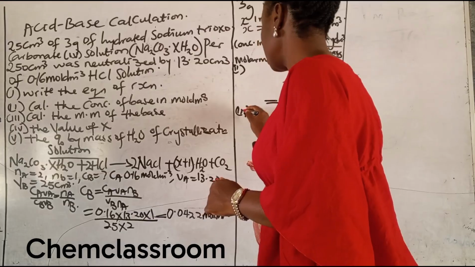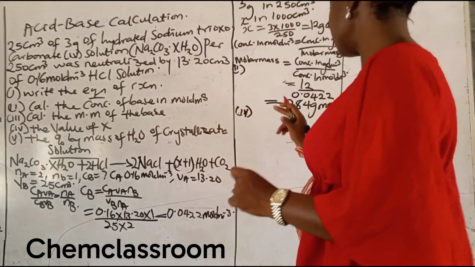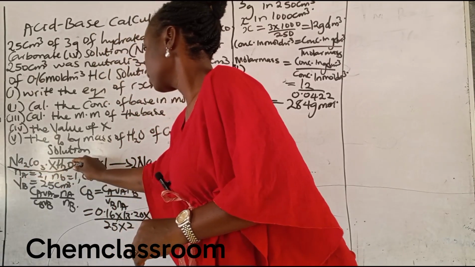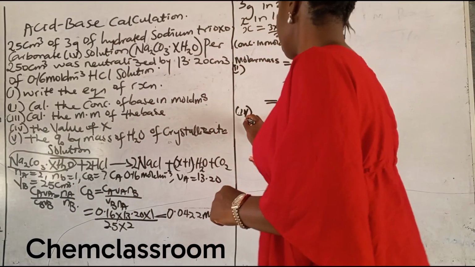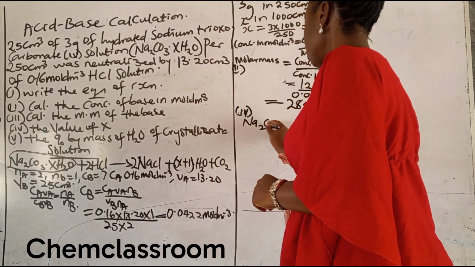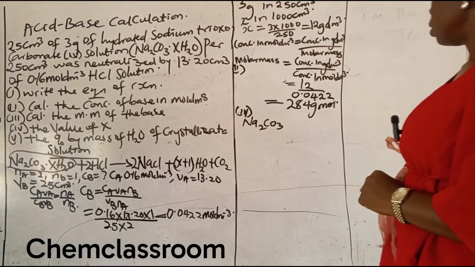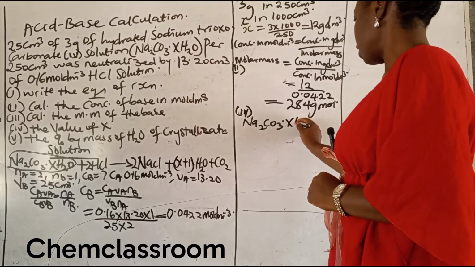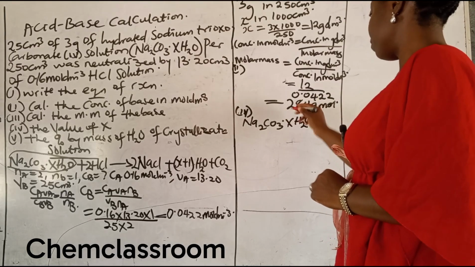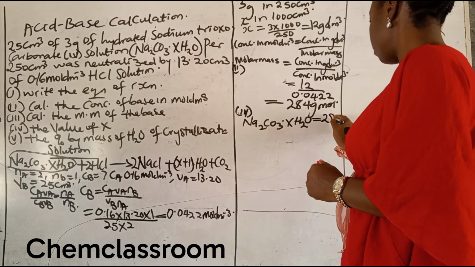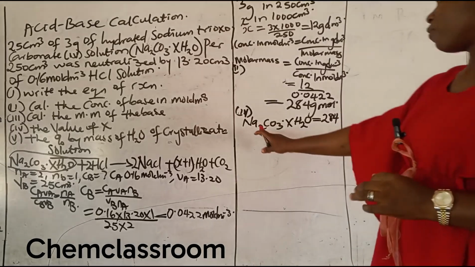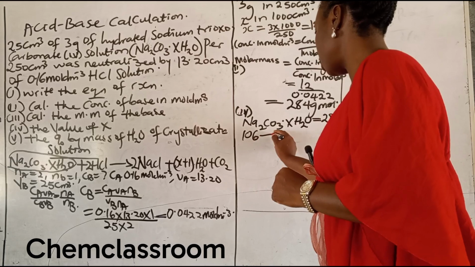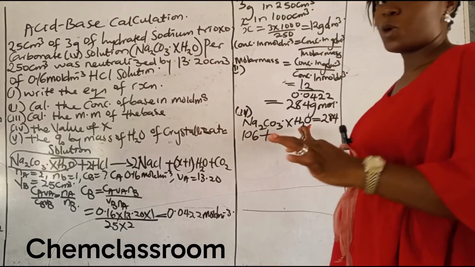The value of x. Now this is what we'll do. This is our base. So I have Na2CO3 and I have the x H2O. So we have done the molar mass. Everything here is 284. So if you calculate the molar mass of Na2CO3, it is going to give us 106. Yes, you can confirm that. Plus, now the molar mass of water is 18.